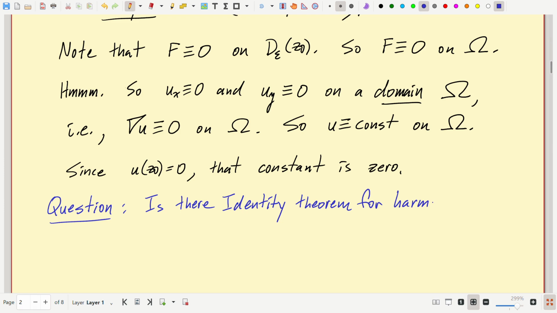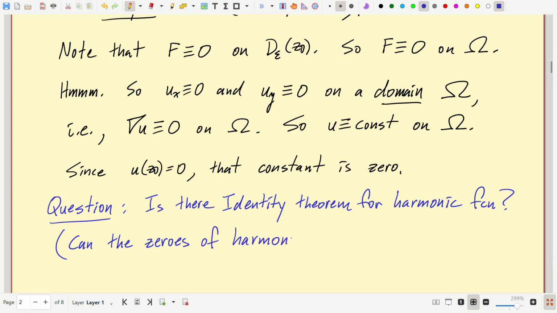Can the zeros of harmonic functions pile up in a domain?